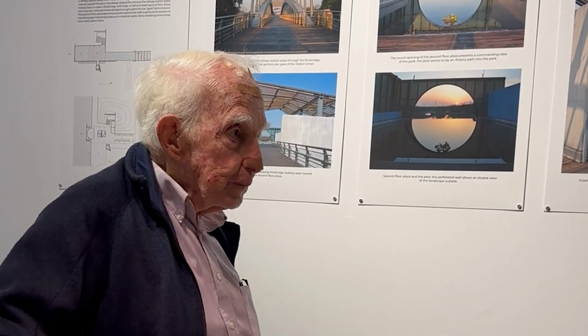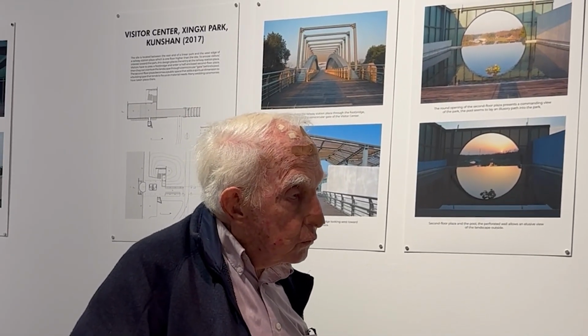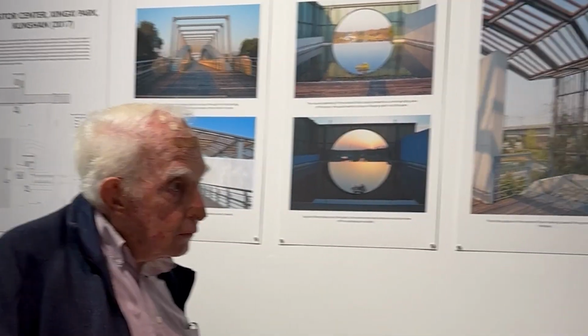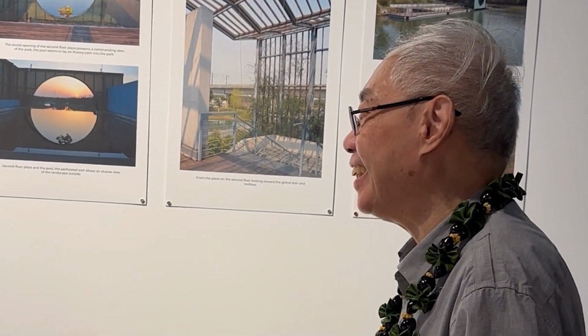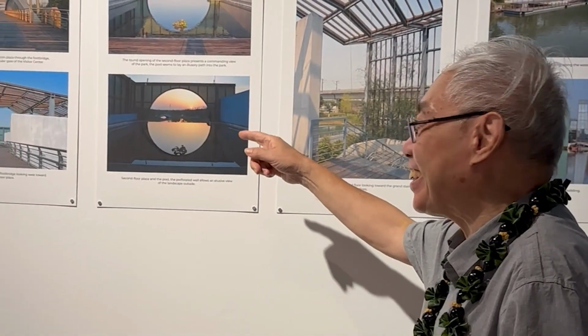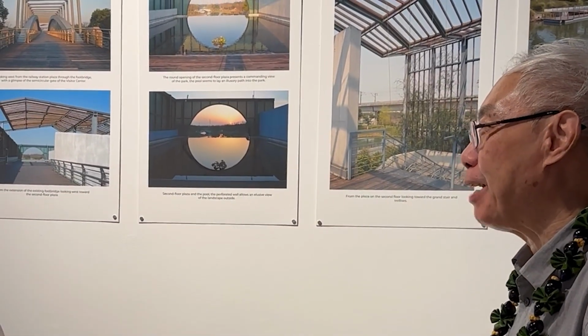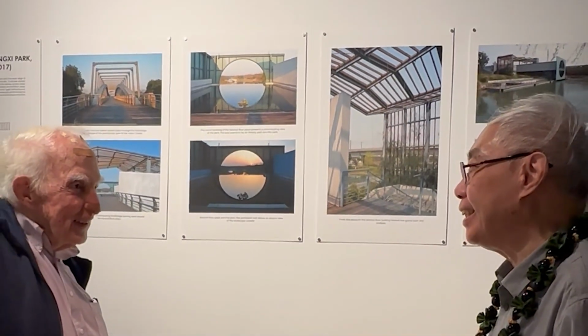Yeah. You feel a bigger part of the landscape. That's the whole idea too. Because my PhD dissertation at Berkeley is called the suspense of space. So this is the time I could use what I wrote about.